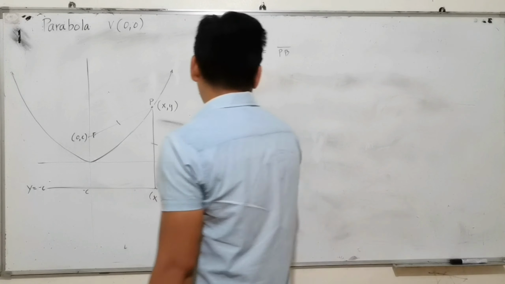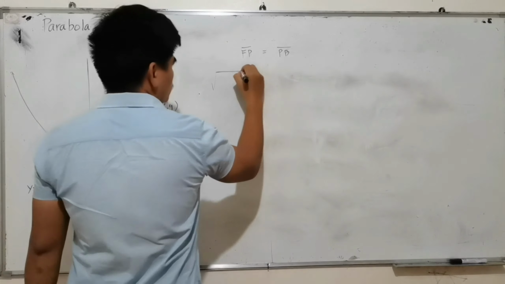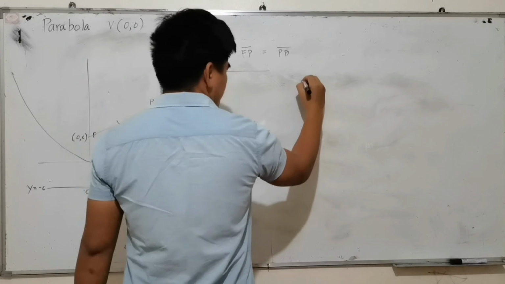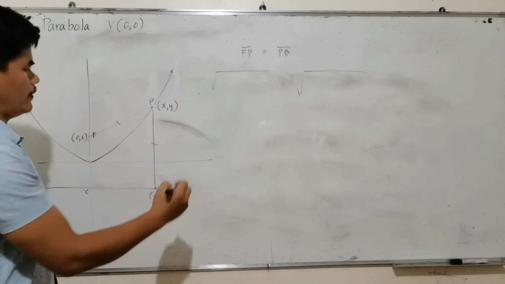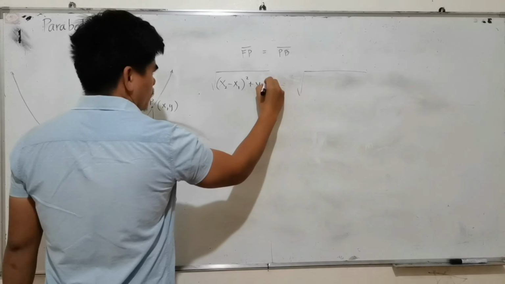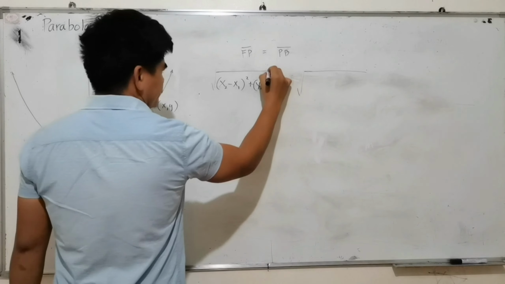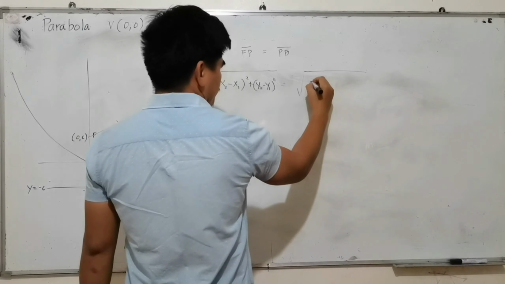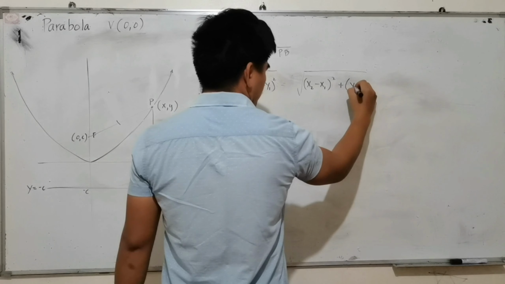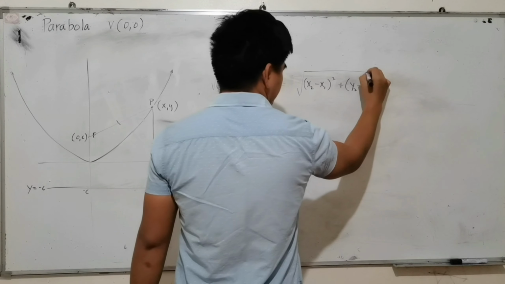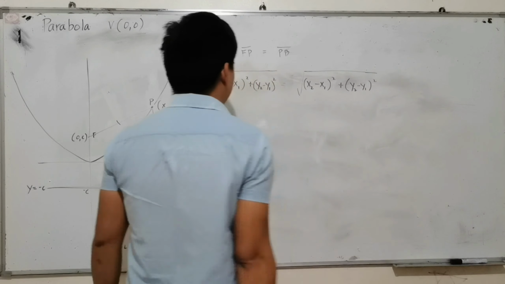Now we're going to solve for the distance, right? What is the formula for distance? The square root of (x sub 2 minus x sub 1) squared plus (y sub 2 minus y sub 1) squared. Same thing here. Now let us substitute.